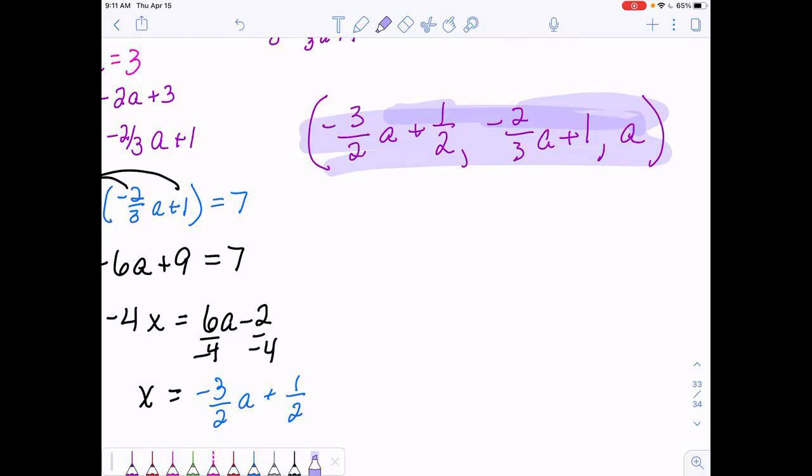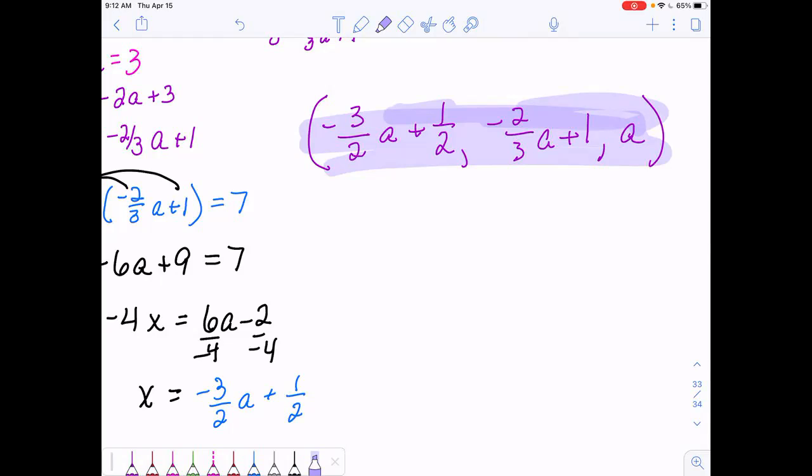If you were asked to find an ordered triple, we all could find a different one depending on what number you plug in for a. But you'd start with a, pick a number, plug it in, and you find an ordered triple. As I said, 0 would be easy to plug in because then I just have a half, a 1, and 0. A 1 would be easy, or maybe a 2 or a 3.